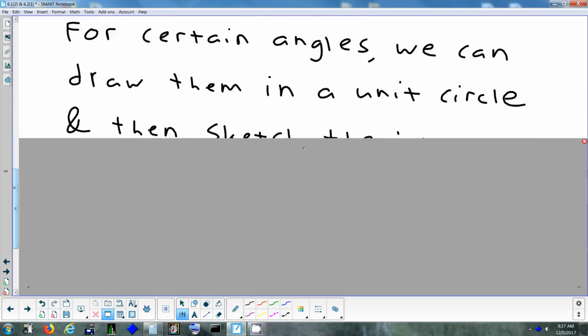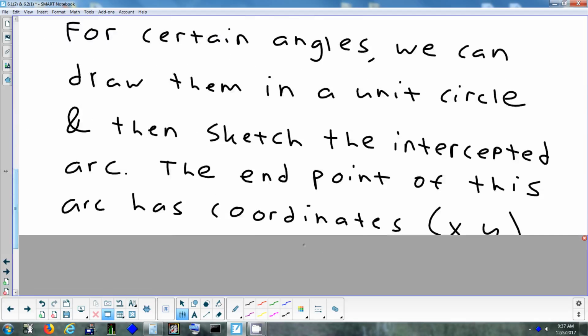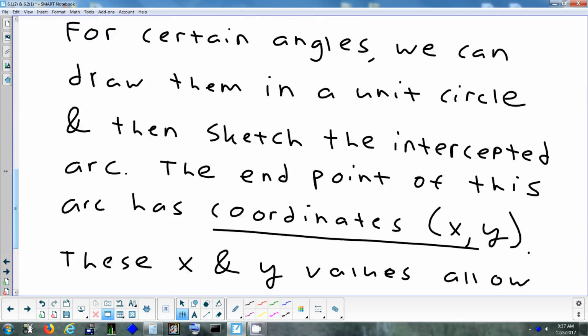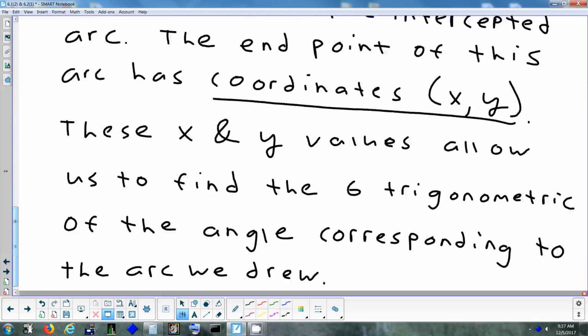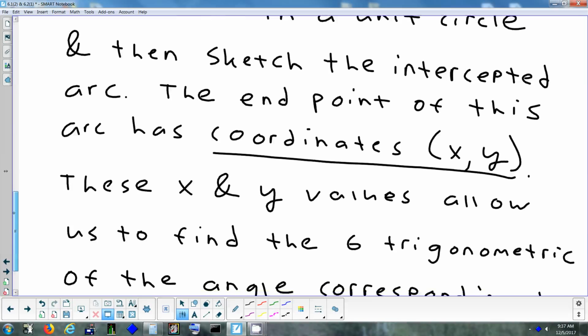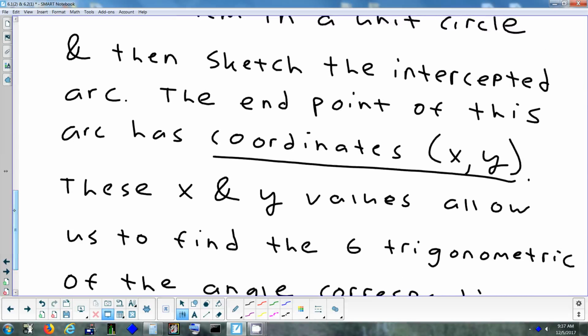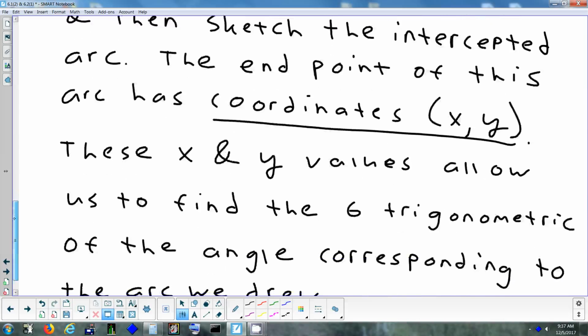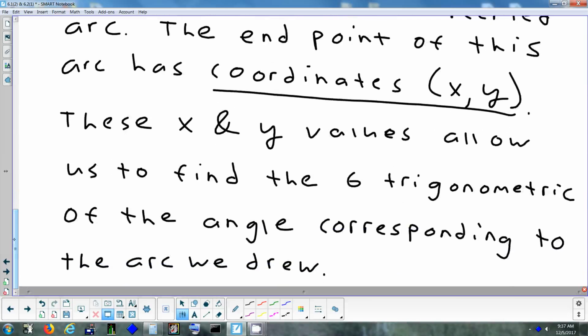All right, so this part, you don't have to worry about this. I told you that for angles that are multiples of 30 and 45, the whole idea is to find the coordinate. Okay, so if you want to copy something down, the part I would copy would be this.